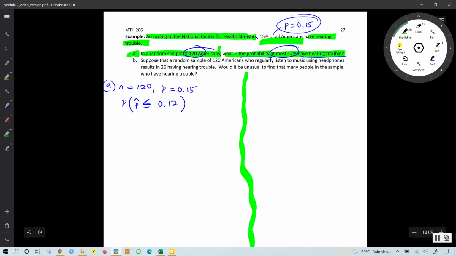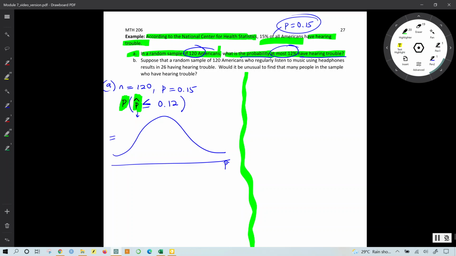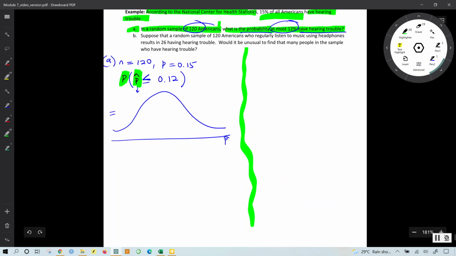If I want to find a probability connected with the sample proportion, I first need to find the distribution of the sample proportion. To do that, I will need to check the conditions for using the normal distribution to approximate the sampling distribution of the sample proportions.